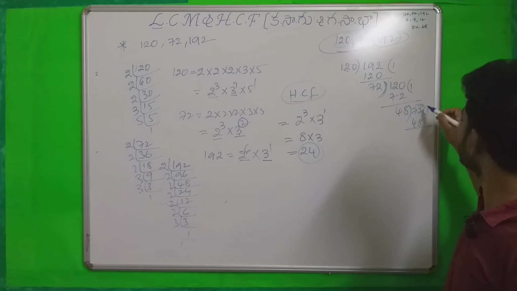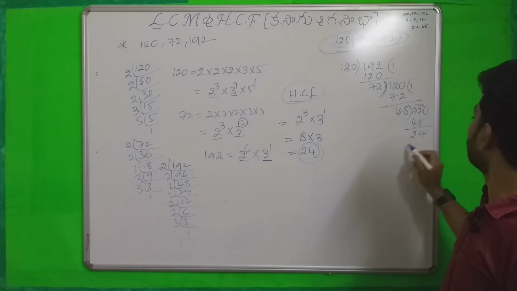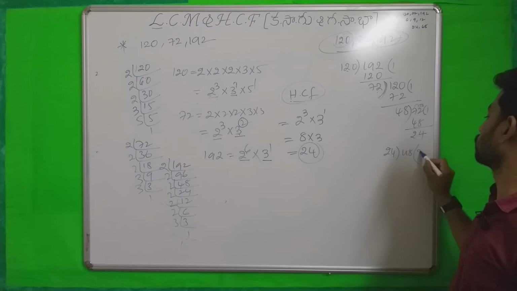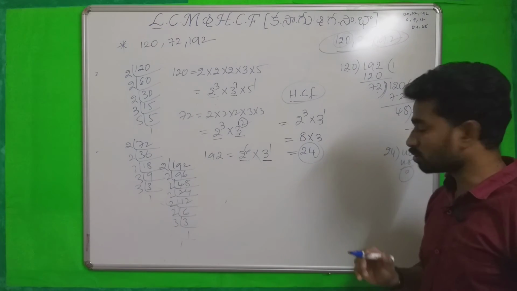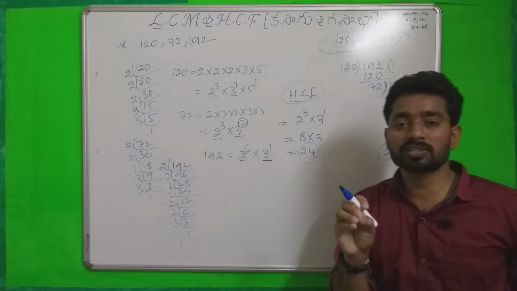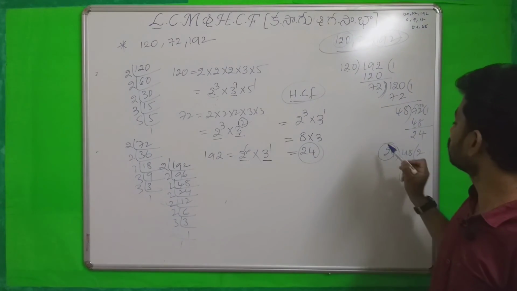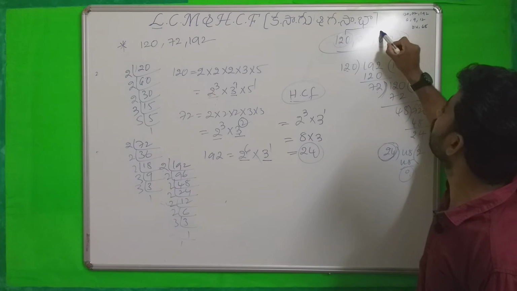So you get remainder 24. And finally you get 24, 24 2s are 48. Remainder you are getting 0. Okay. So when the remainder is 0, the last divisor is called the highest common factor. So this is called the continued division method. So 24 is the highest common factor for 120 and 192.